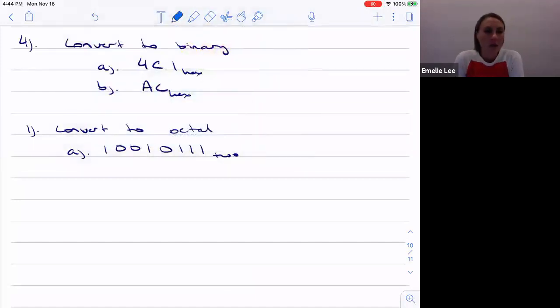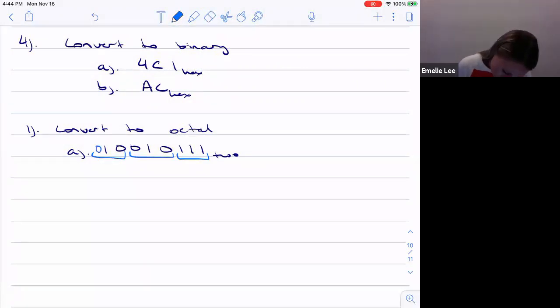Okay, so to convert to octal, we move in groups of 3. Moving from the very right, we group these in 3s, and add a leading or a trailing 0 if needed.